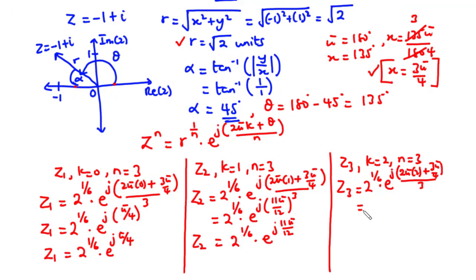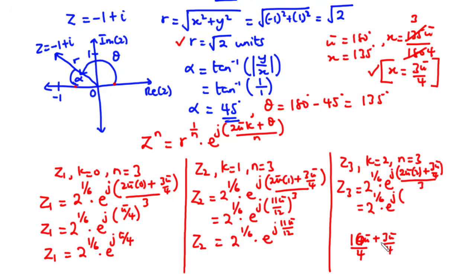Now let's simplify. 2 pi times 2 is 4 pi. So this time we have 4 pi plus 3 pi on 4. So we can express 4 pi as 16 pi on 4. When you divide through, you still arrive at 4 pi.